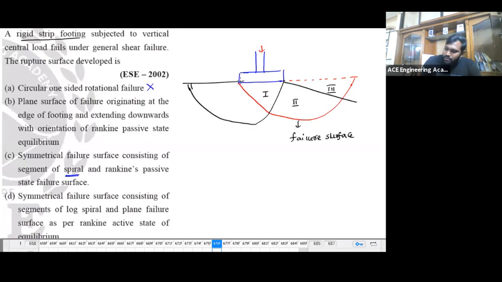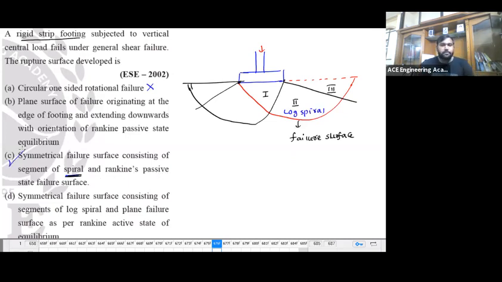Symmetrical failure surface consisting of a segment of spiral. So this is nothing but log spiral, and Rankine's passive state failure surface.